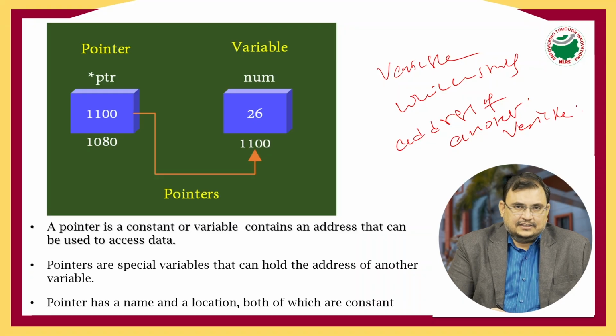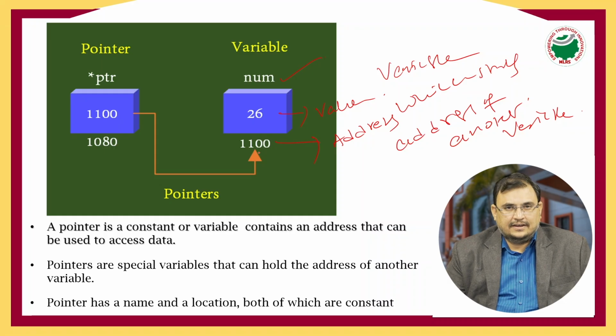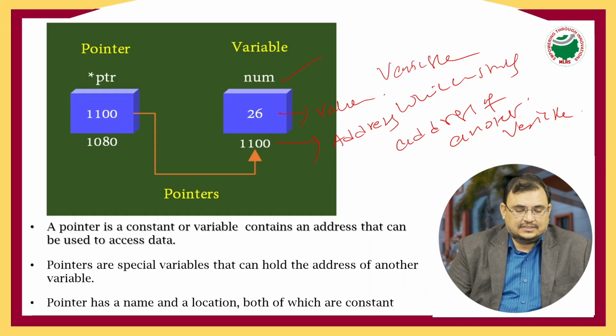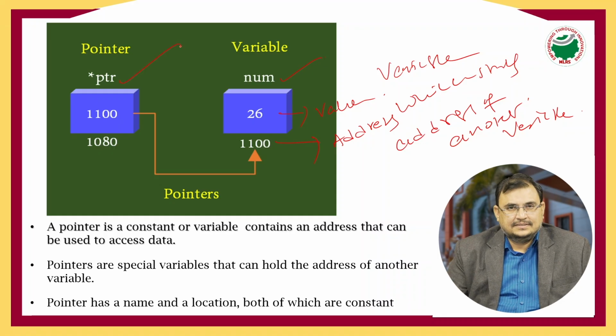Here in this figure, the variable num has a value of 26, and 1100 is called the address. Assume num has the address 1100. Now consider ptr as a pointer.